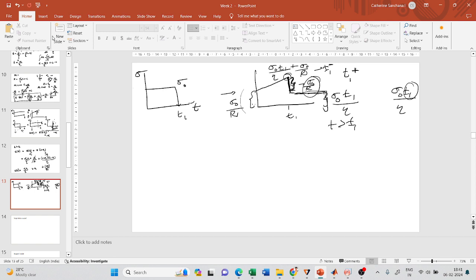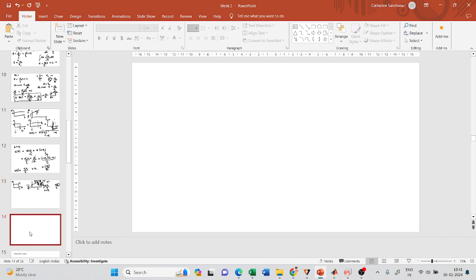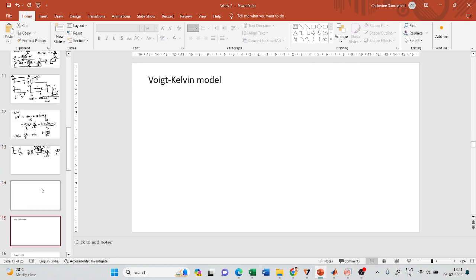So let us go to the Kelvin model. Now I told you that the spring and the dashpot can be arranged in any manner. In a Maxwell model, they were arranged in series. So in a Kelvin model, they will be arranged in parallel. The properties of the spring and the dashpot are again represented by R and eta respectively.